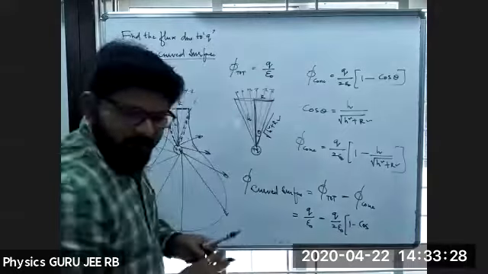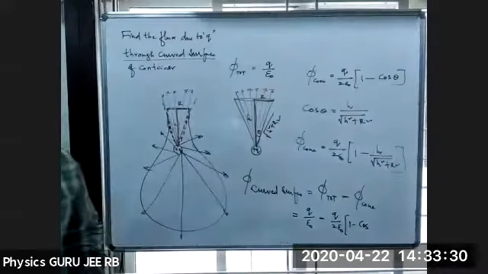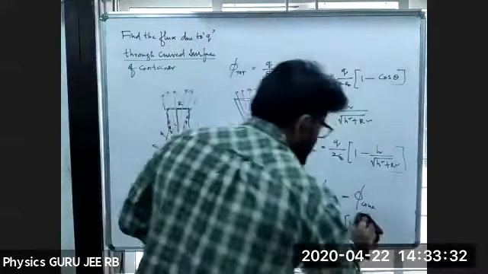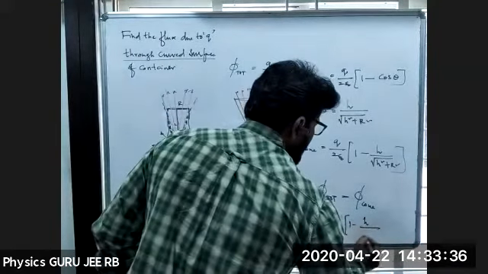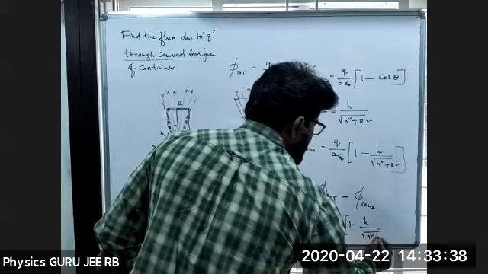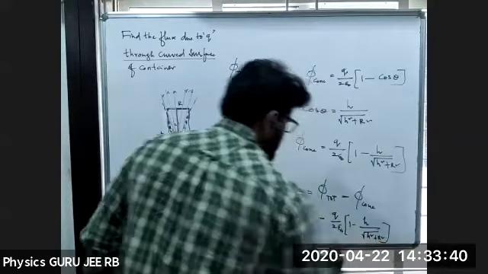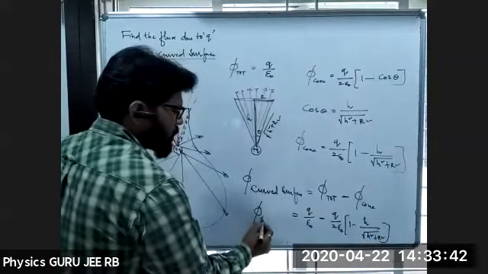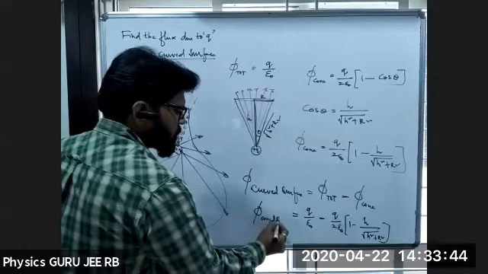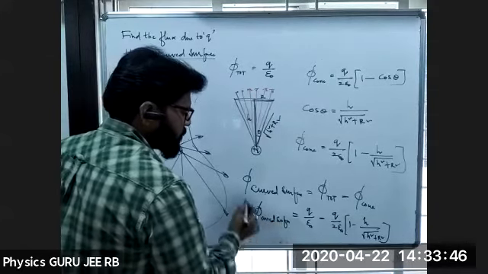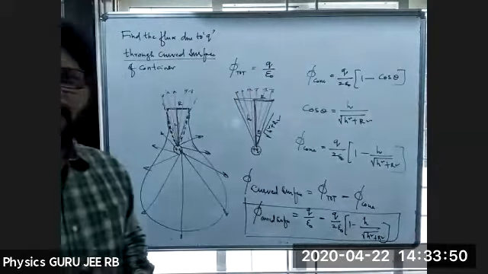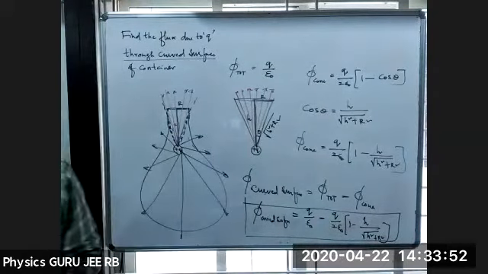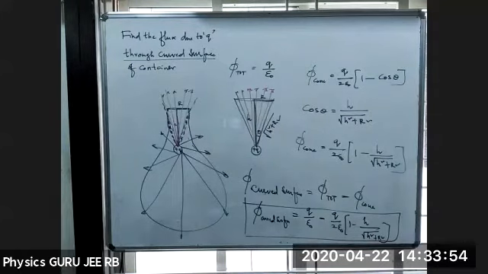Cos theta can be replaced by h by under root of h square plus r square. So this is nothing but the flux due to the curved surface. If the values are given, then we can proceed. Just note it down.